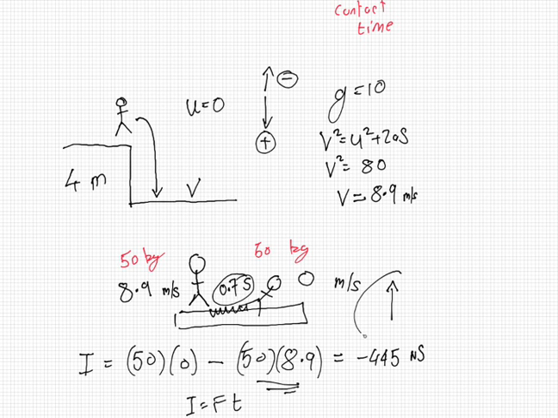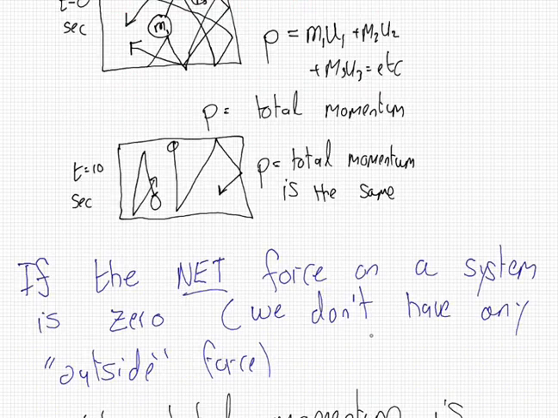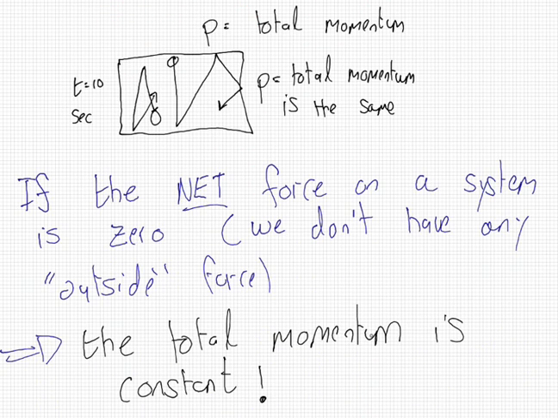But there is an outside force on this. The ground is pushing on the man. The reaction, yeah. This situation is when there's no outside force. So there's no one pushing, there's no one pulling. It's just things moving around. Okay, that's important.